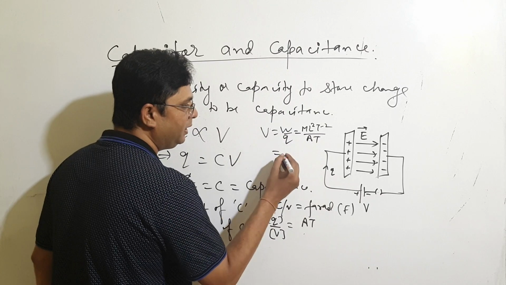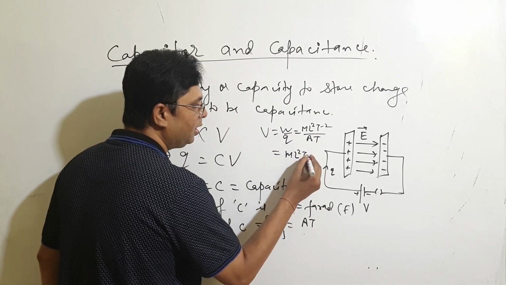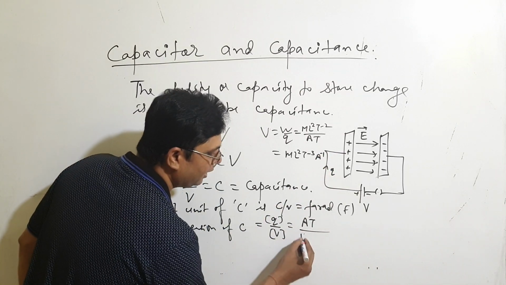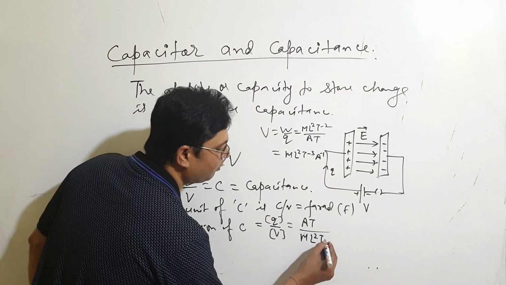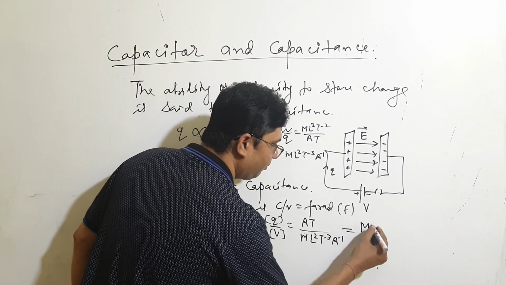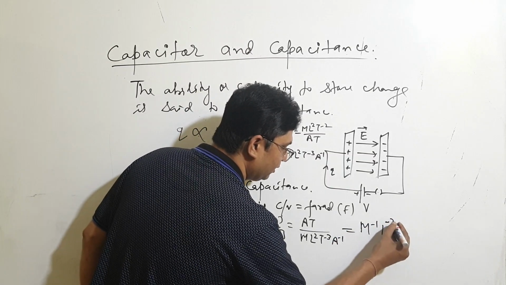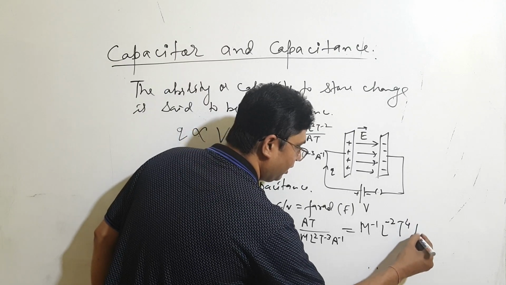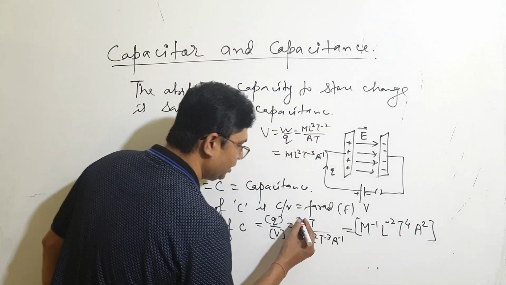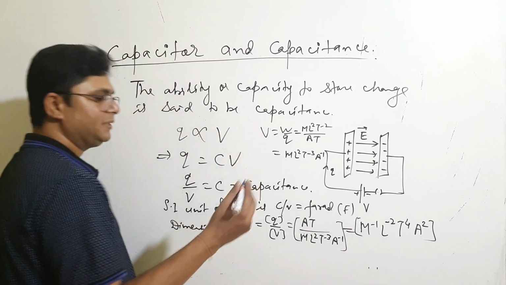So dimension of V is M L^2 T^-3 A^-1. Put the value here and you get M^-1 L^-2 T^4 A^2. This is the dimension for capacitance.